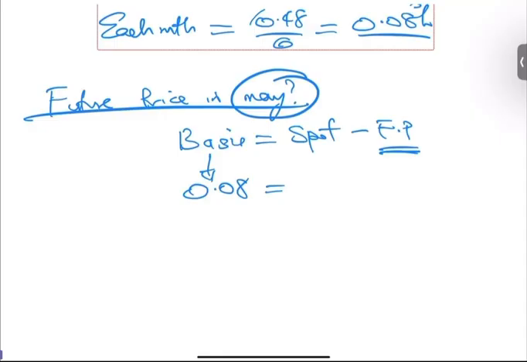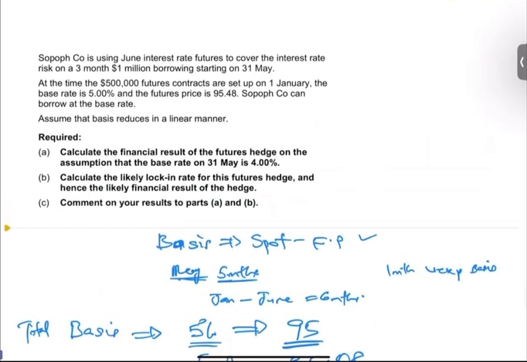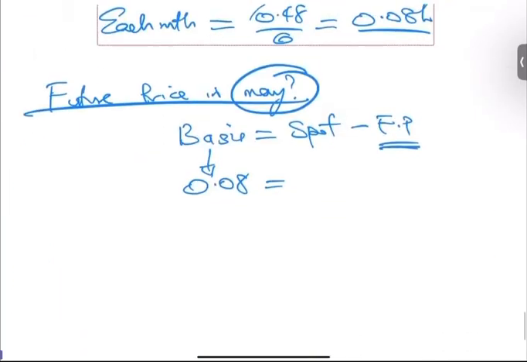Do we have spot at the end of May? Yes, that's 4%. They gave us how much is spot? 4%. So if spot is 4%, what's our future?